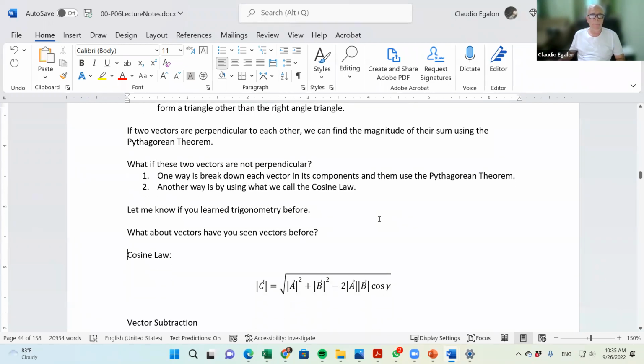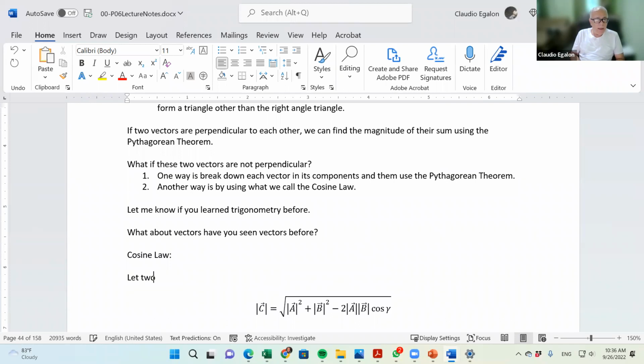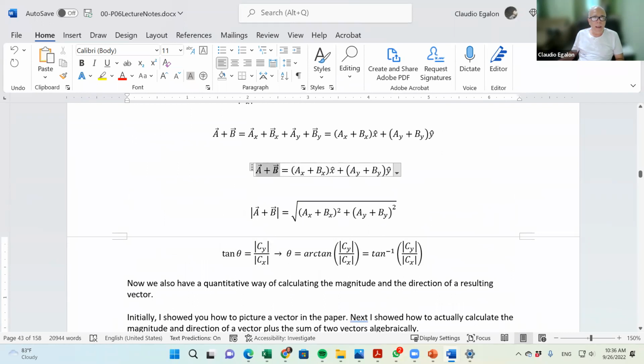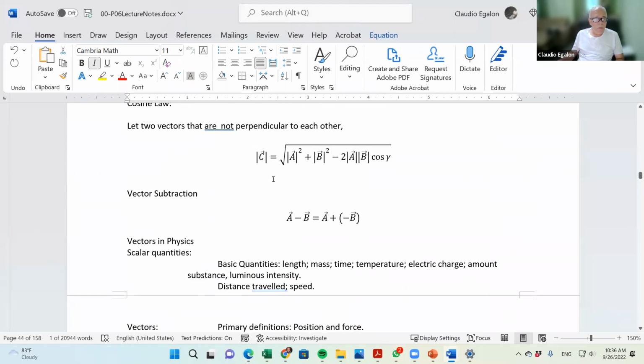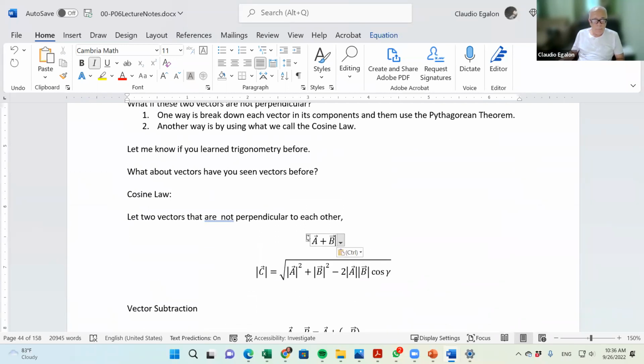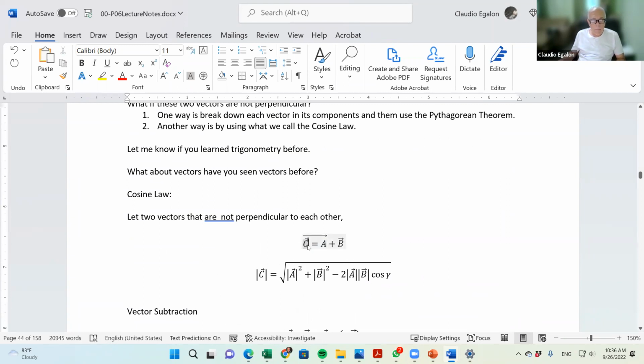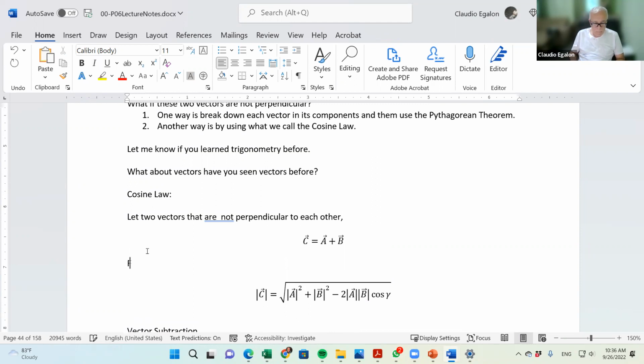Okay, and then there is this cosine law. Another way of finding the magnitude of a resulting vector: let two vectors that are not perpendicular to each other, A and B, be given.